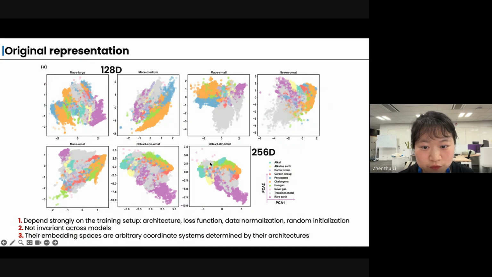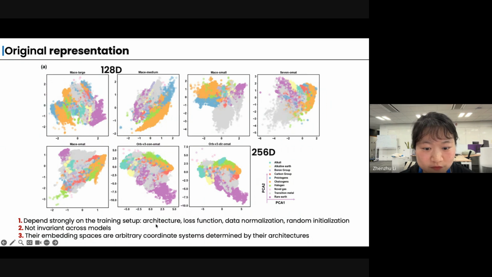But for the OMat models, in their default setting, they are 256 dimensional. So if we want to compare them directly, that is not mathematically so straightforward. So the different appearance of the representations of the different models comes from three different ways. One is that the model depends strongly on its training setup.